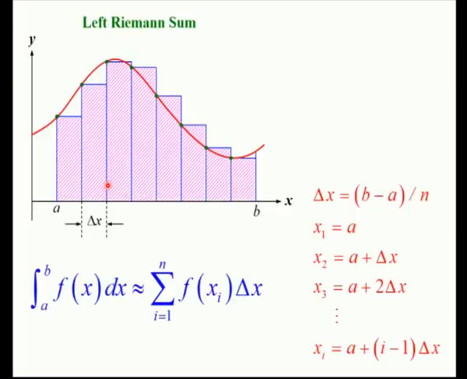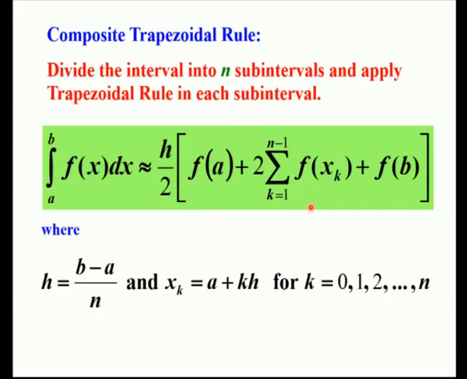So, now you can just see the previous one. When I calculate the area of the first rectangle, I will have the f value at a and the f value at this point. Again, when I calculate the function value out here, the same point will also appear 2 times. So, this is the composite trapezoidal rule: divide the interval a to b into n sub intervals and apply the trapezoidal rule on each sub interval, and you have the following rule.